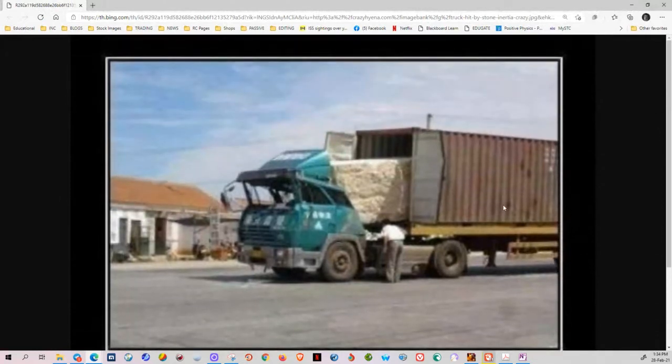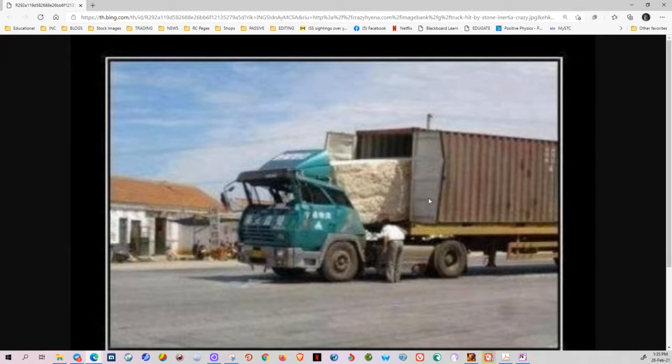They use it for construction. The truck is moving at a certain speed, but suddenly the driver will apply the brake, and the object inside the truck, because it is not tied down properly, will try to continue to move forward because of its inertia.